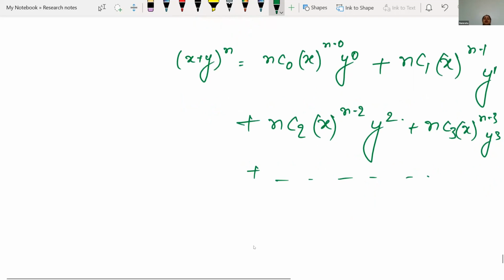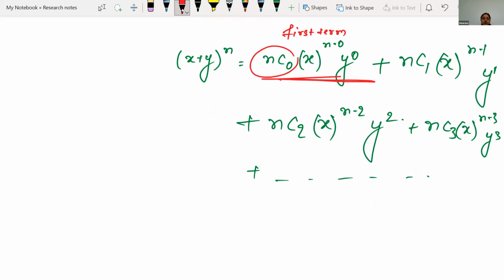So we realize, yes ma'am, that our first term is having nC0. Can you see it? Yes, ma'am. Our second term is having nC1, the binomial coefficient.